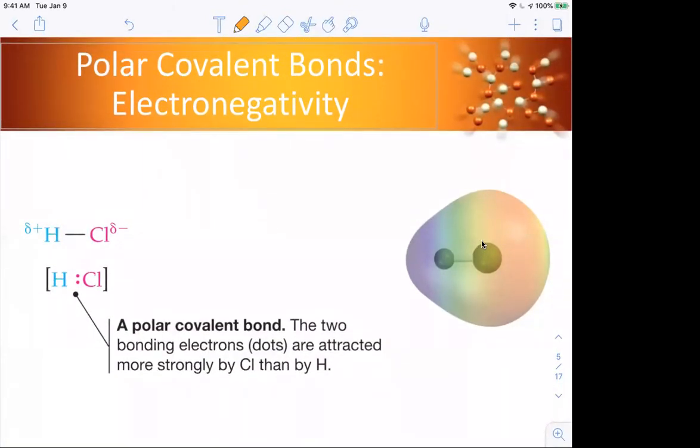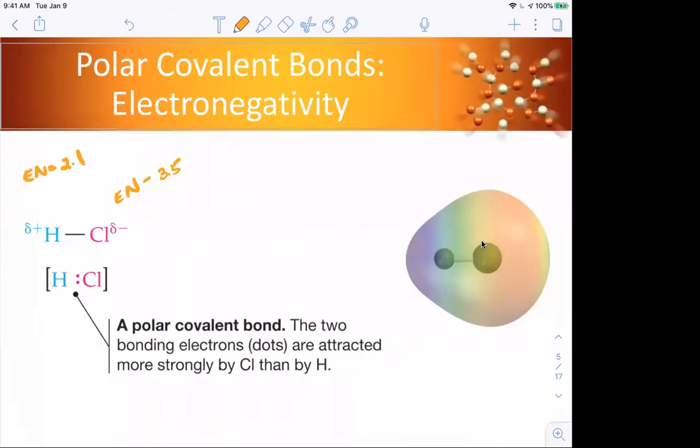This is HCl, hydrogen chloride. When it's in water, it forms an acid, which is hydrochloric acid. We know that the electronegativity for hydrogen is going to be much lower, about 2.1 on the hydrogen. For chlorine, maybe 3.0 to 3.5, I'd have to look at a chart to be sure.